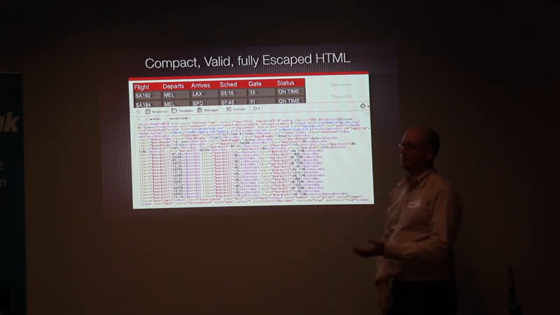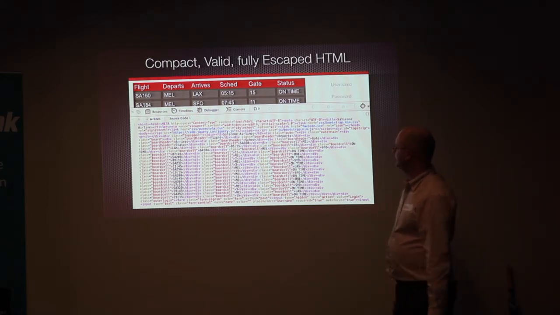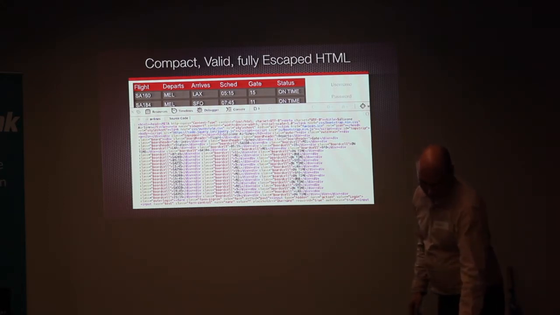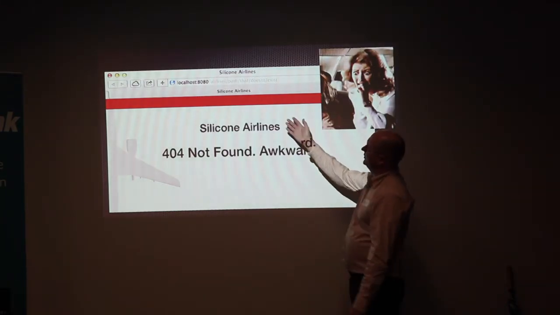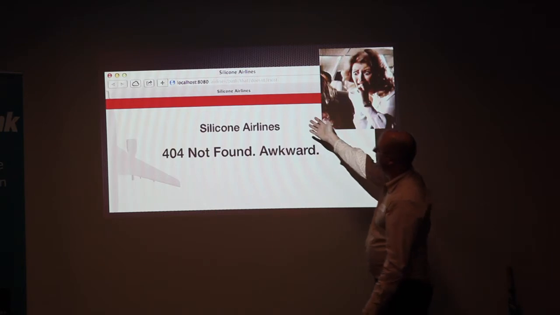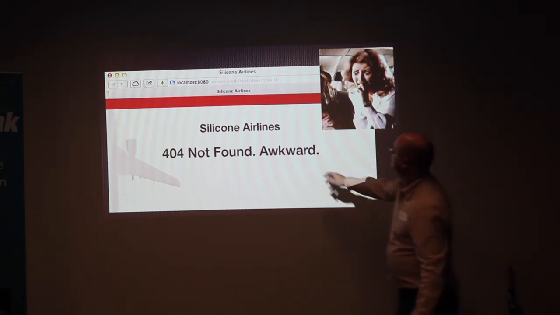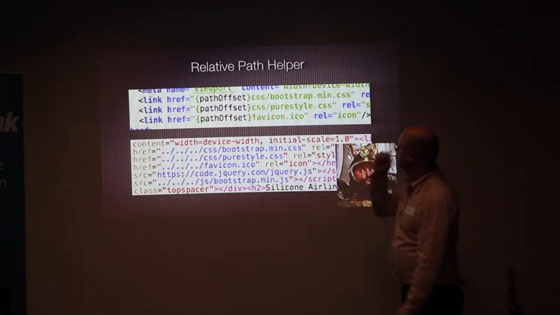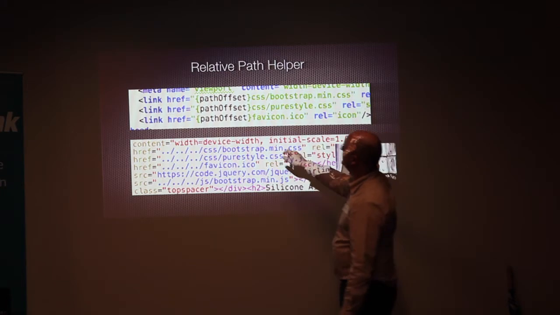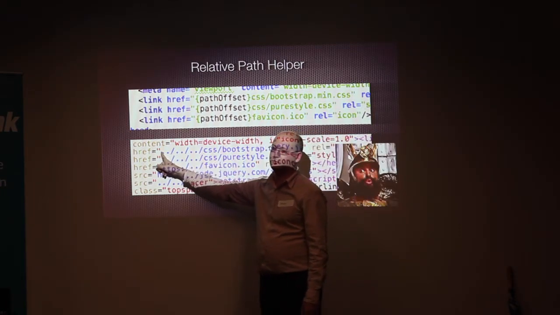All pasted in values are properly escaped, reducing cross-site scripting possibilities. As I said, things like non-existent path handling. And as you can see, this path that doesn't exist, that will help us. Things like the path offset will bring you back to a relative path.